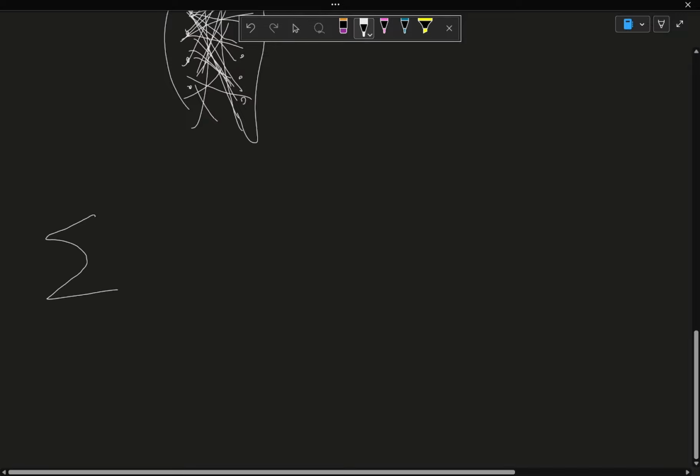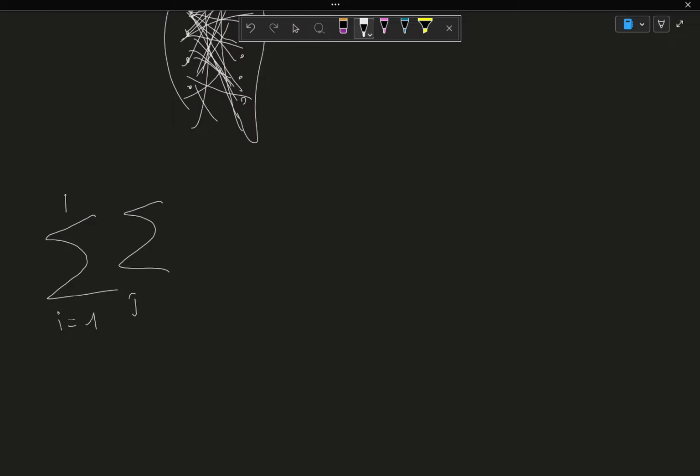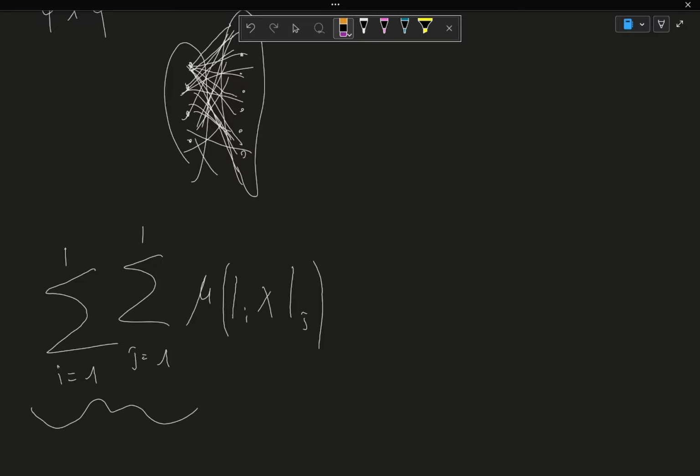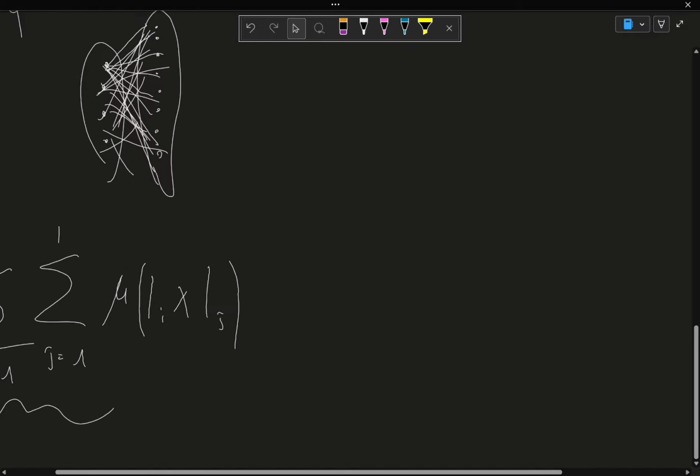So the sum of i equal 1 up to L times the sum of j equal 1 up to L of mu of I_i times I_j. This double sum right here is basically the representation right here. We want to sum over all the products. This is just what we are doing.